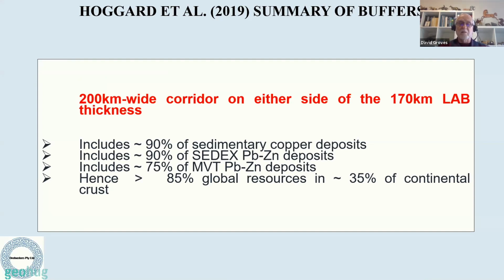I haven't seen any literature really that has suggested this clearly before, but 90% of sedimentary copper deposits, Zambian type copper, in that corridor, 90% of SEDEXs, 75% of MVT lead. So 85% of global resources in about 35% of continental crust. So perhaps that isn't a big advantage, but to me, it was a result which was unexpected, really.